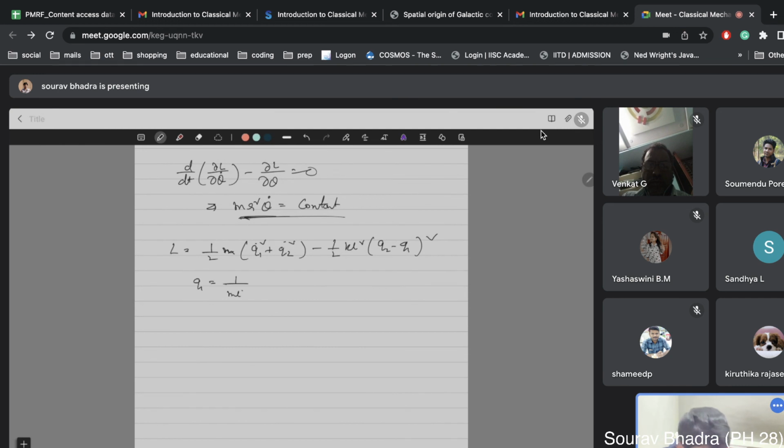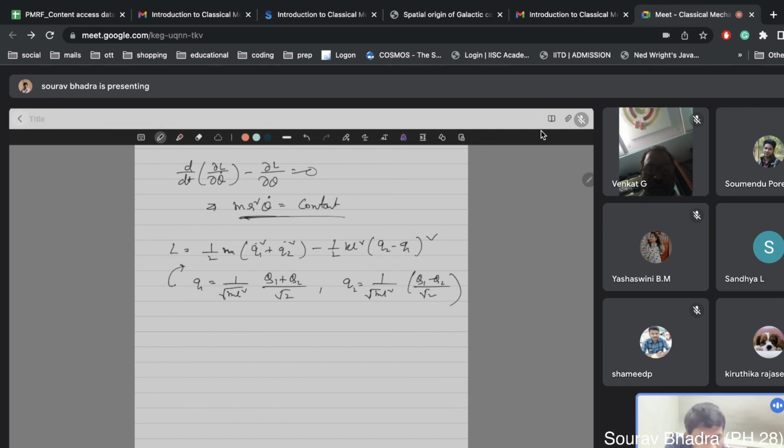It is given in the question to replace q1 and q2 by the given expressions, with q1 minus q2 by root 2. It is just some algebraic calculation. Just calculate the q1 dot, which will be a function of q1 dot and q2 dot, similarly q2. Then if you put that q1 dot and q2 dot in this expression, you will get the result.